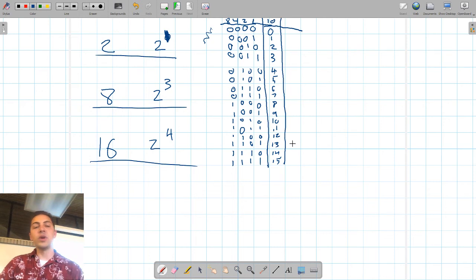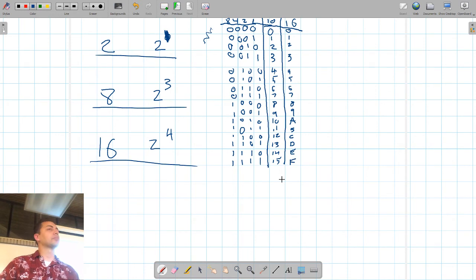The number bases we care about are 8 and 16. 16 is the easiest one because most of it is just exactly what base 10 is. 0, 1, 2, 3, 4, 5, 6, 7, 8, 9. But now things get interesting because we have more symbols. We have to keep going until we run out of symbols. So we have A, B, C, D, E, and F.